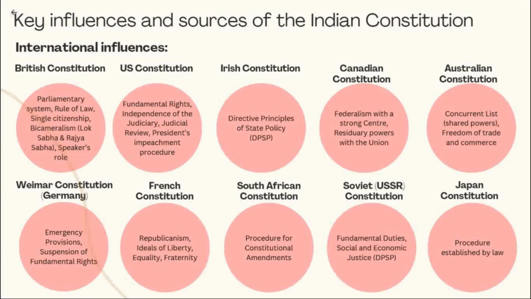From the South African Constitution, we adopted the procedure for constitutional amendments. Elements like fundamental duties and social and economic justice were adopted from the USSR Soviet Constitution. Last but not the least, the Japanese Constitution influenced procedure established by law.